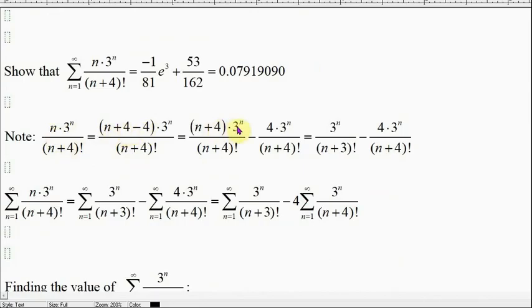This is the same as (n plus 4) times 3 to the n, minus 4 times 3 to the n. And then (n plus 4) factorial is (n plus 4) times (n plus 3) factorial. The factors (n plus 4) and (n plus 4) here will cancel each other out. And so what's left is just 3 to the n over (n plus 3) factorial.